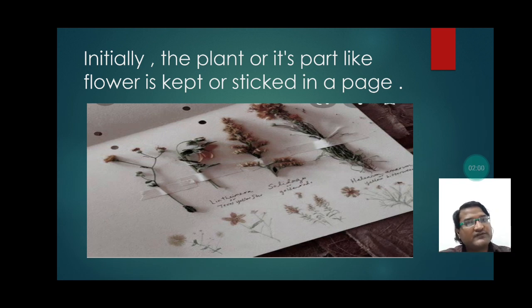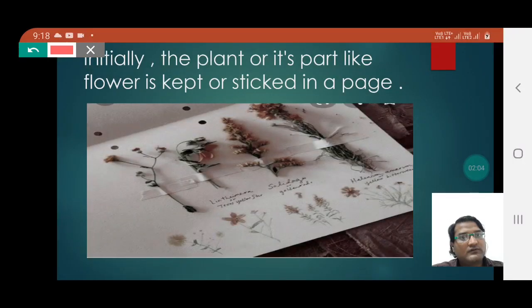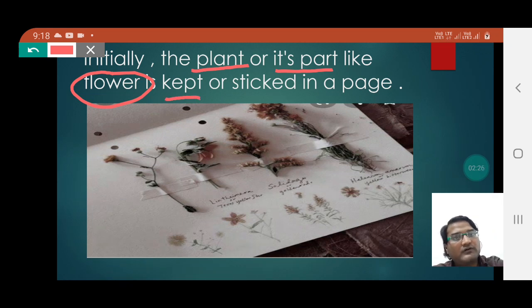So, students, it's the first step to make a herbarium in which initially the plant or its part, that is flower, roots, stems even, is kept or is sticked in a page.